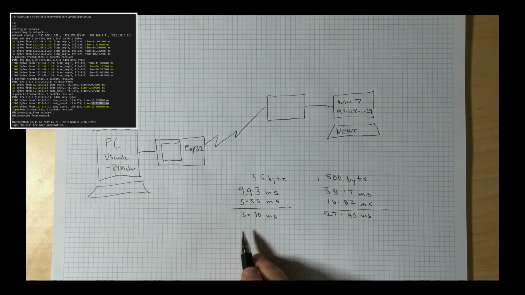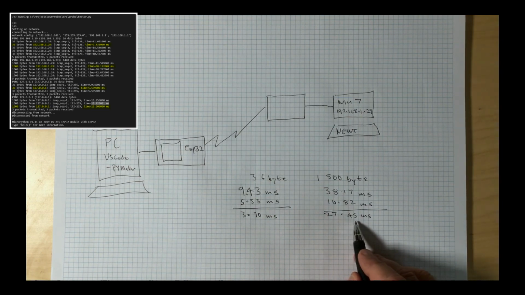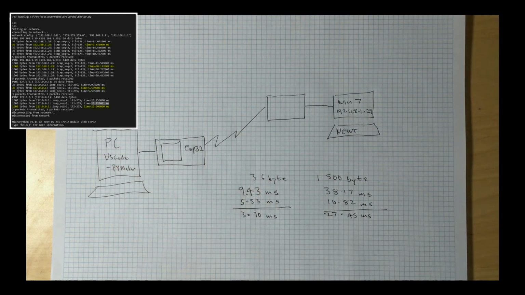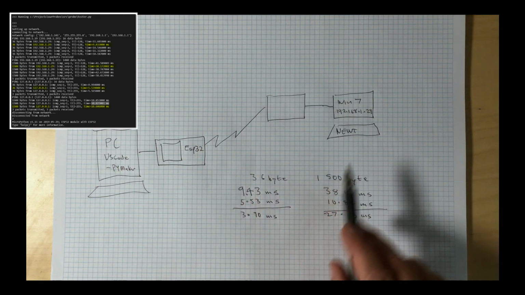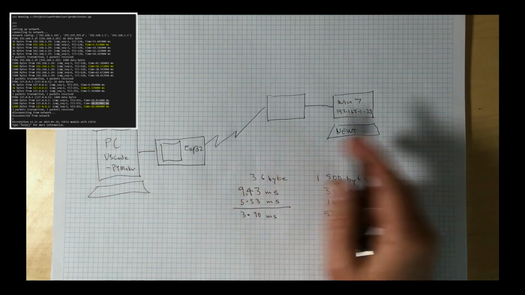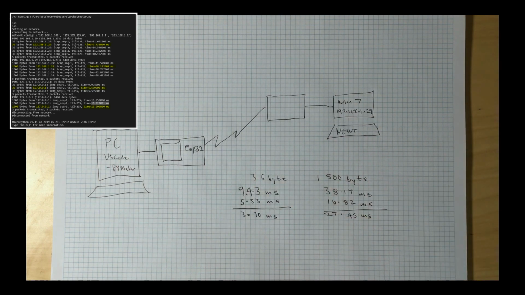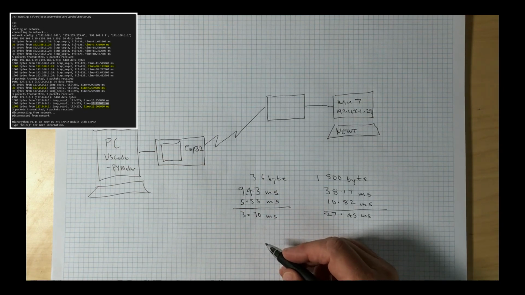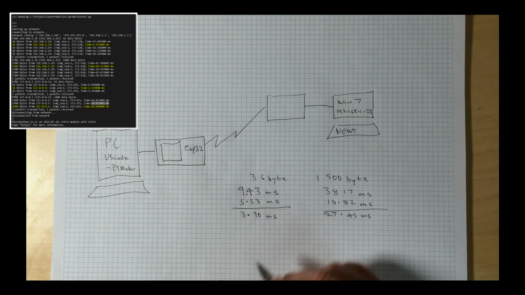Okay, so the difference between this 3.9 milliseconds and the 27.45 milliseconds is the difference in time it took the esp32 to get the larger size packet onto the network. And it's actually a round trip, so it's doing it twice, so we'll include that in the calculation as well to get the actual bandwidth.